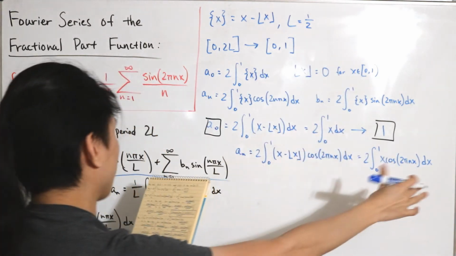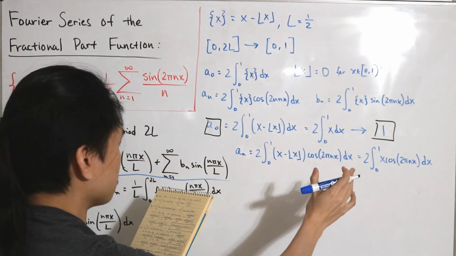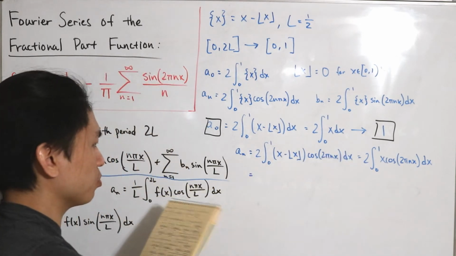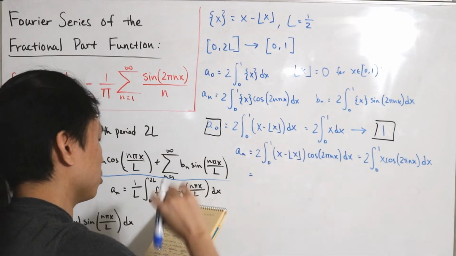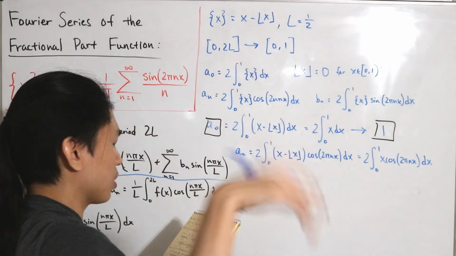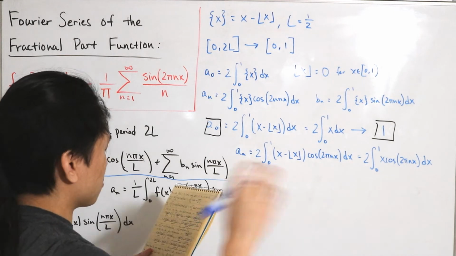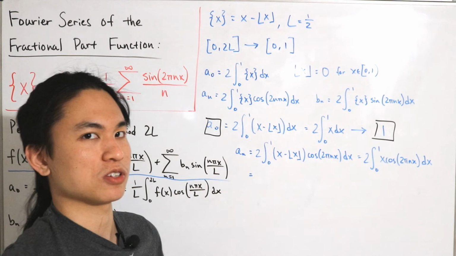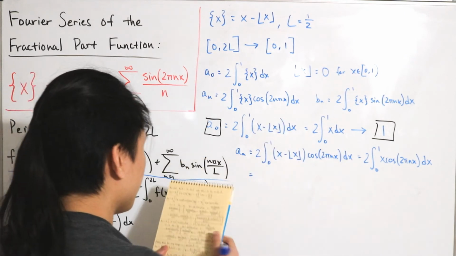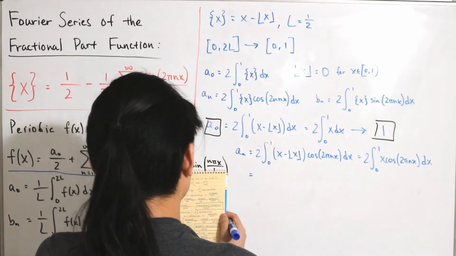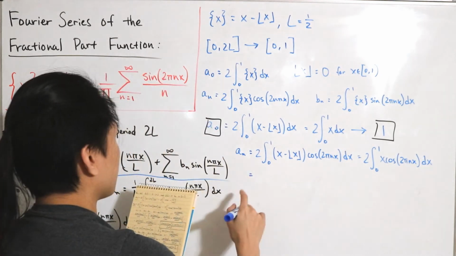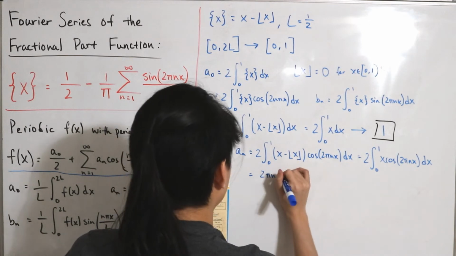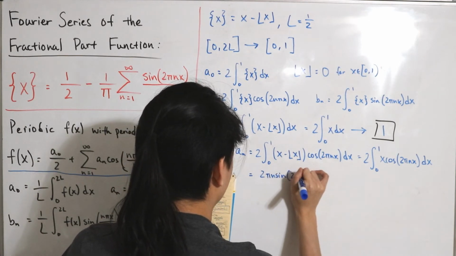I'm going to skip this calculation, because all you have to do to get the value is use integration by parts. After plugging in the values from 0 to 1 and doing all that integration by parts, you have to simplify things a little further, but I can leave that as an exercise for you to do that validation. But after all this, you're going to get that the coefficient a sub n is going to equal 2 pi n, multiplied by sine of 2 pi n.